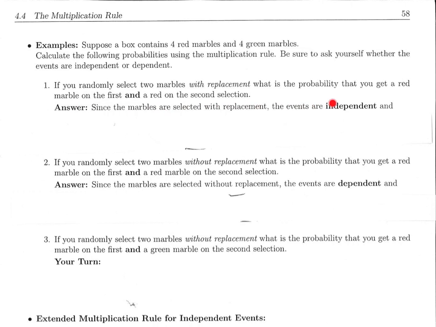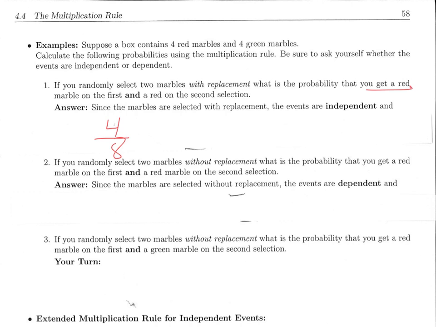I meant to white this out, but that's okay. See how we're sampling with replacement, so that means we're putting the marbles back in. That makes it independent. The two probabilities are independent. So what's the probability they get a red marble on the first draw? Well, we're looking for a red marble, so there are 4 red marbles in the bin out of 8.